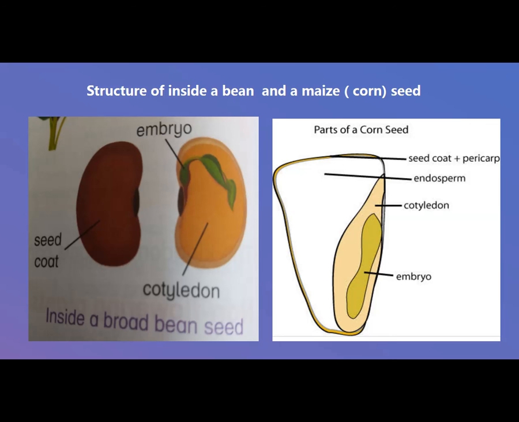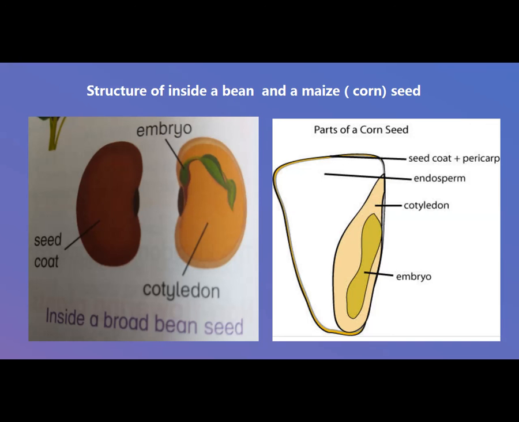First of all, we will learn something about the seed coat. What is seed coat? The seed coat is the outer covering of the seed that protects its internal structure from injury and drying out. Next, the cotyledon. What is cotyledon, students? Cotyledon is the plant's food supply. It surrounds the growing embryo and provides food for it.